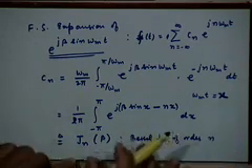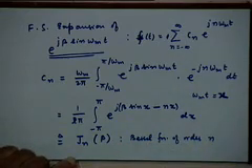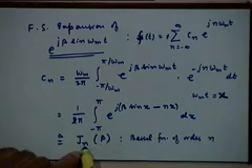Its values are documented in the form of tables of Bessel function values. So for different values of beta, you have tables available for J0 beta, J1 beta, J2 beta, etc., and similarly for J minus 1 beta, J minus 2 beta, etc., for all values of beta.